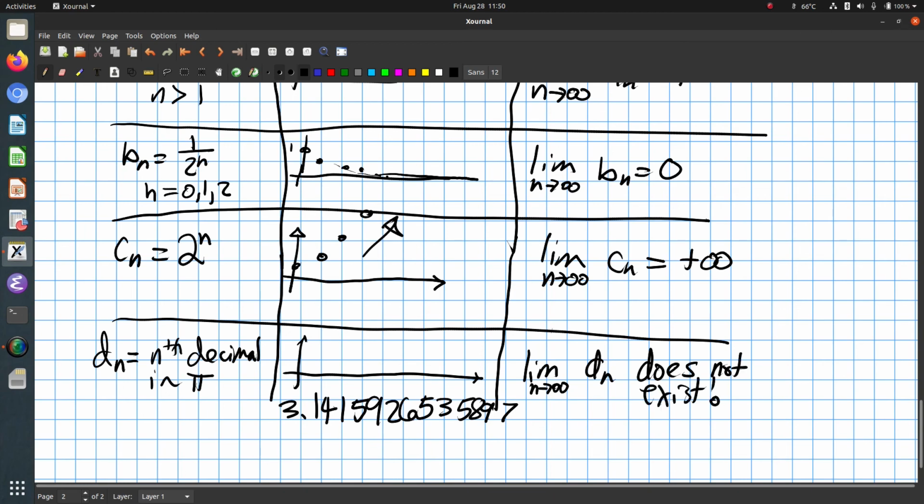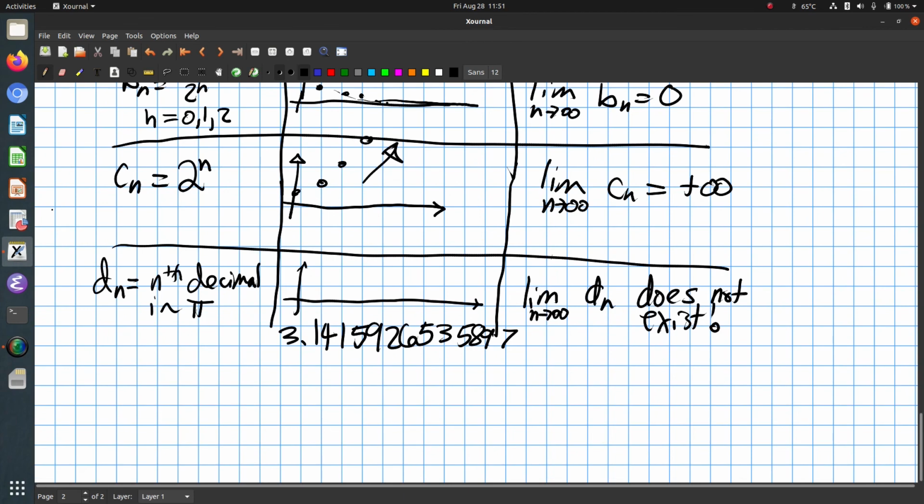Okay. Now you might ask, how do I find what limits of sequences are? Well, we're going to learn a whole bunch of techniques, but one technique that stands out as being one of the most useful ones, and I'm going to tell you to review right now, is L'Hopital's rule.